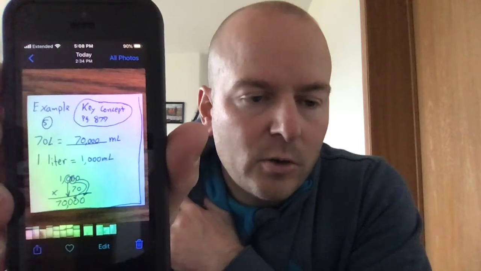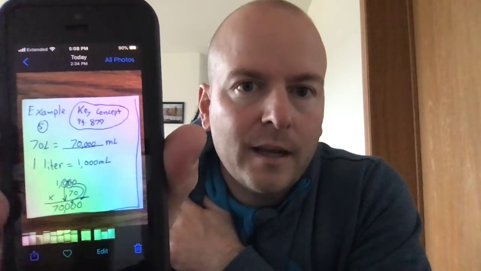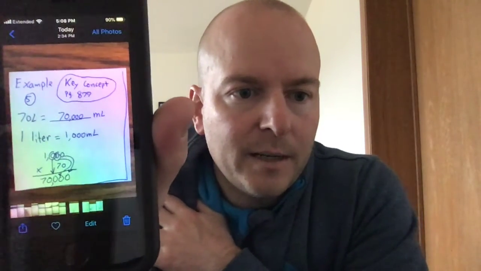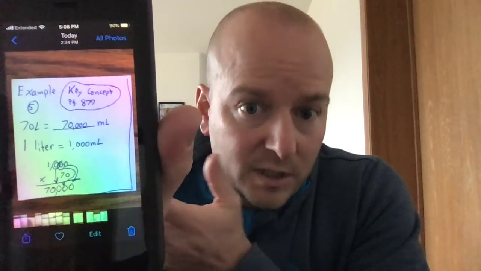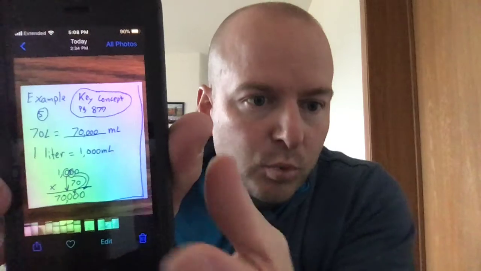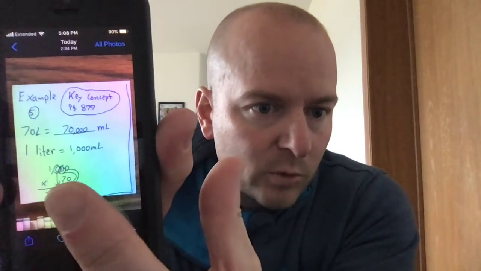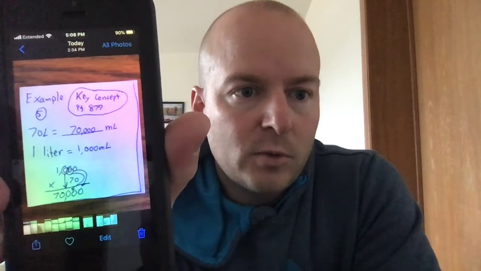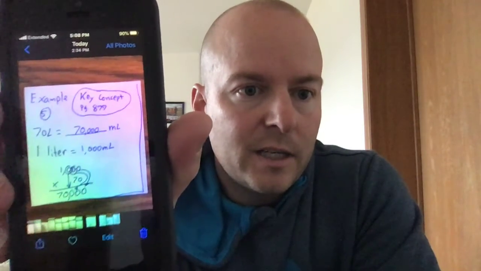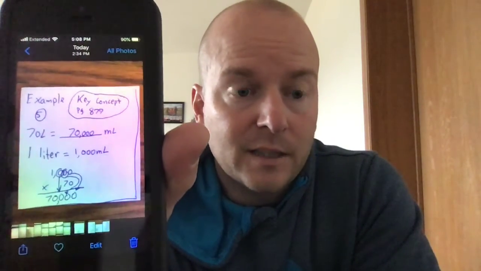I know things go away in our minds, but we can just do 70 times 1, which gives us 70, and then just bring those zeros down, which is what I'm trying to show there. So there's your first one. Number 5, 70 liters equals 70,000 milliliters. That's what you're going to be looking at today, liters and milliliters.